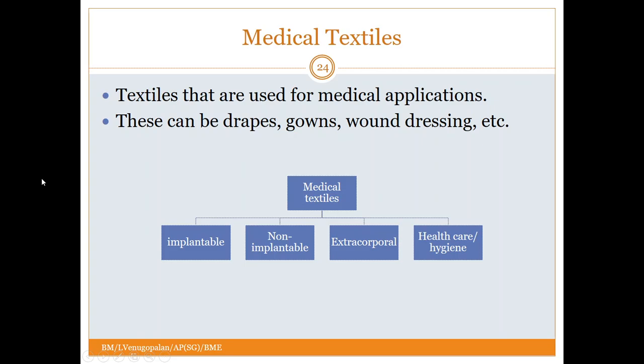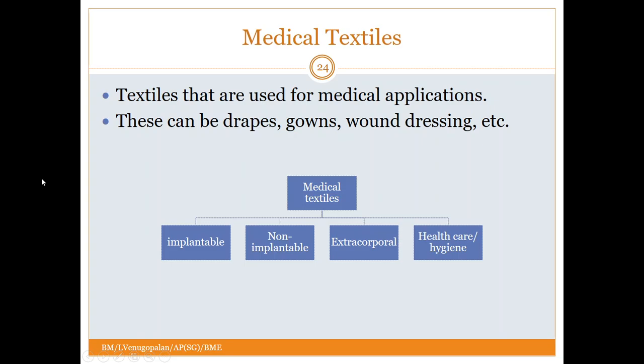So broadly, medical textile can either be implantable, non-implantable, extracorporeal, or healthcare and hygiene material. So whatever I spoke about now is healthcare and hygiene material, the gowns, the drapes and everything.